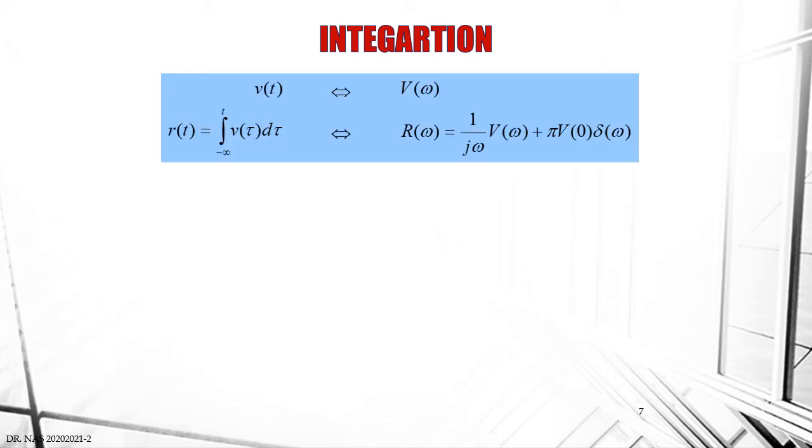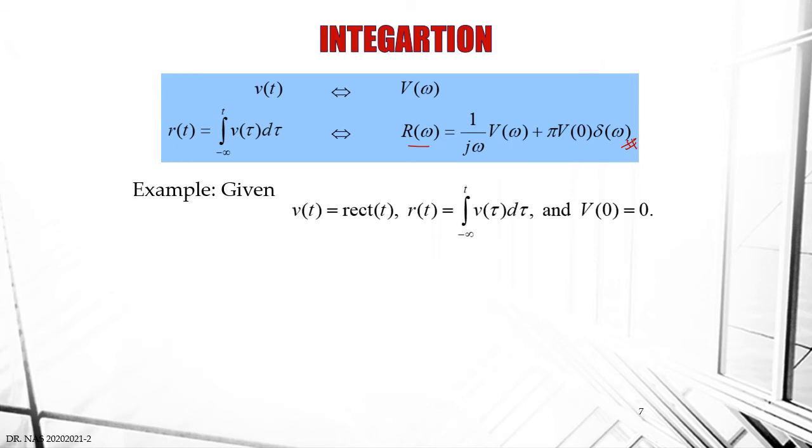Okay, next Fourier transform property is integration. Same thing, refer to the table for the Fourier transform equation. If you have an integration of v(t) dt, or v(tau) d tau in this case, the Fourier transform of r(t) is R omega given by this equation. Okay, let's look at the example.